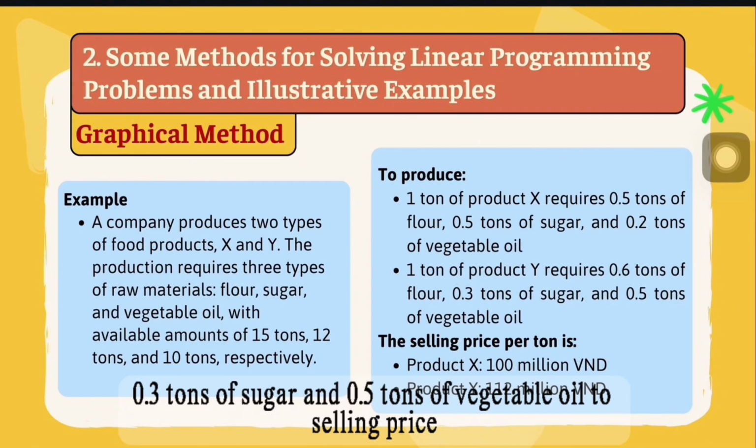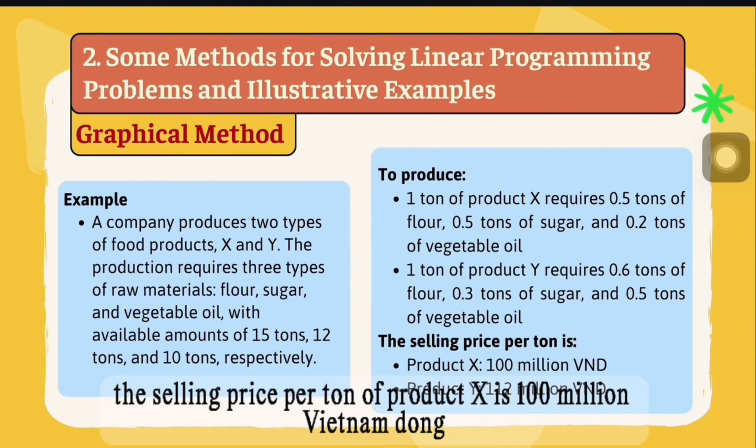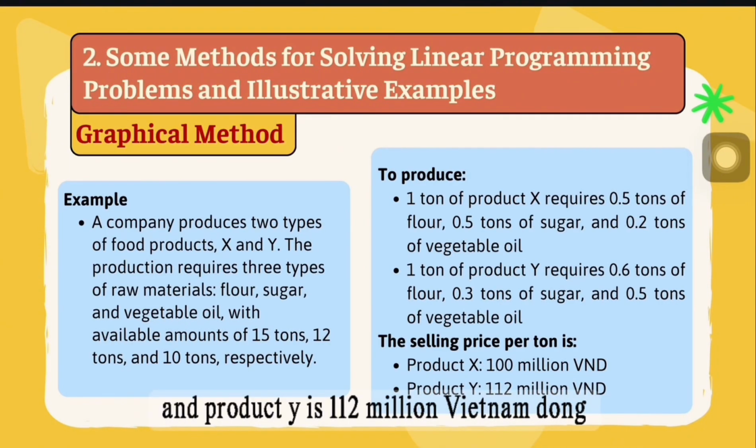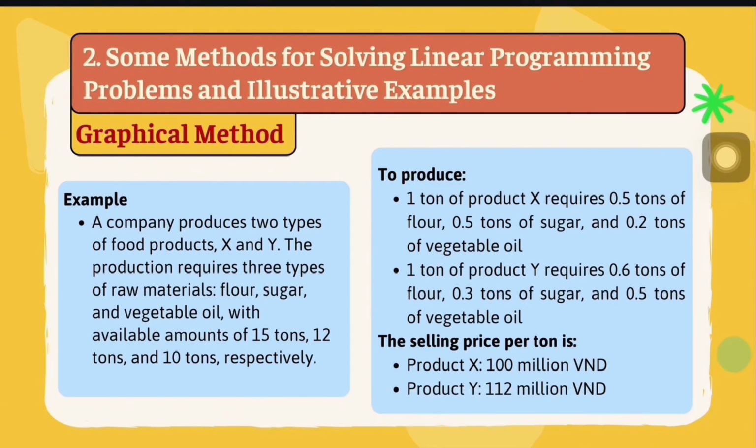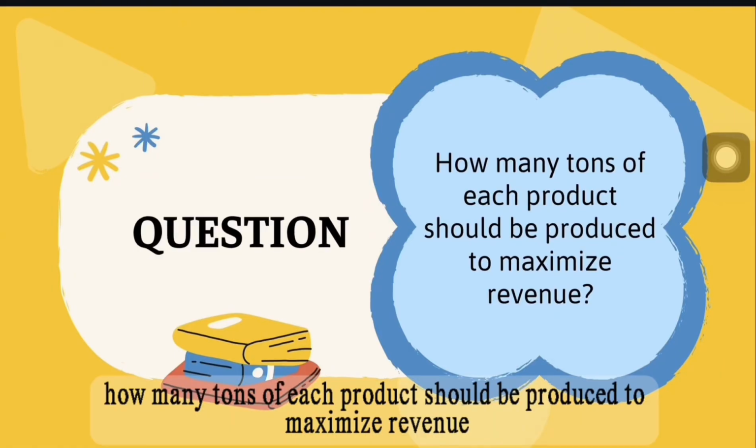The selling price per ton of product X is 100 million Vietnam dong, and product Y is 112 million Vietnam dong. So the question is, how many tons of each product should be produced to maximize revenue?